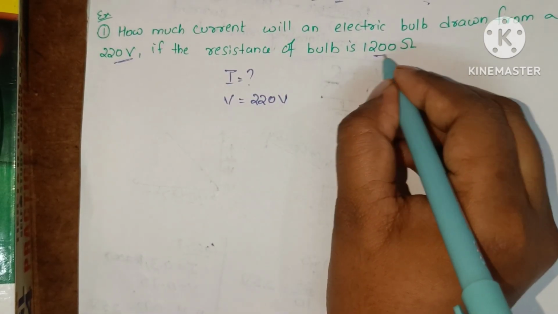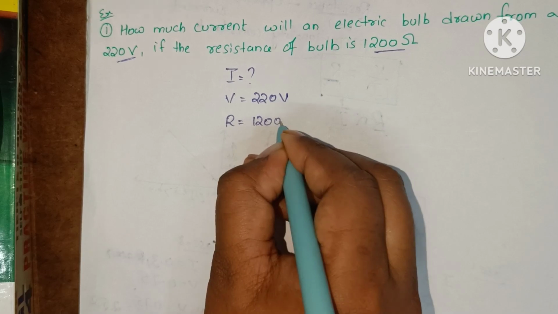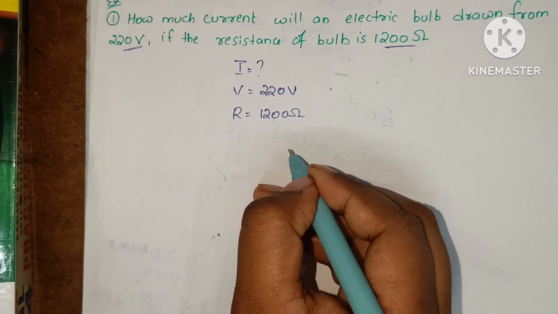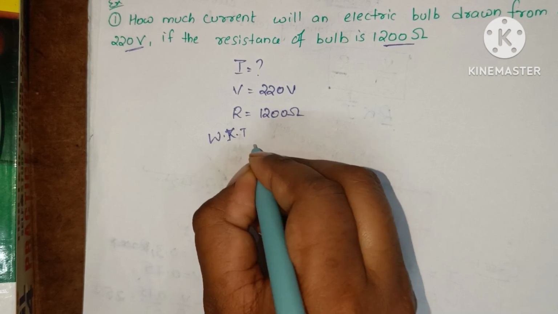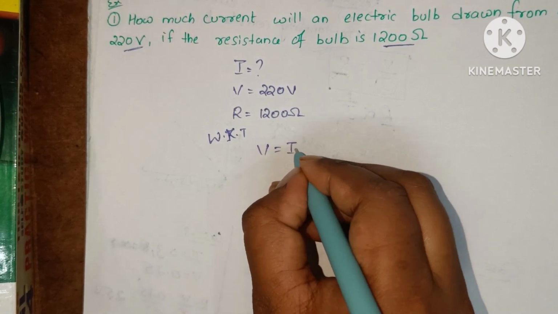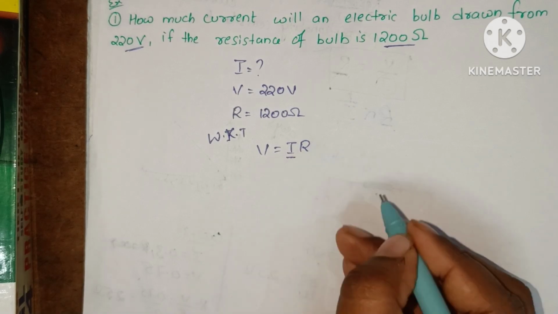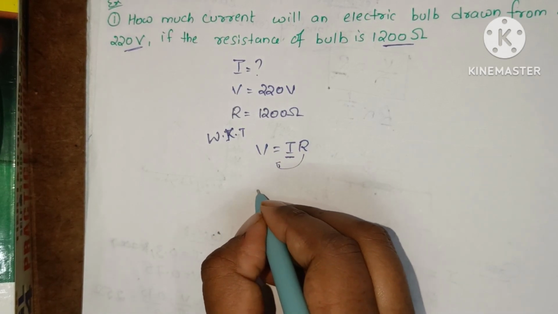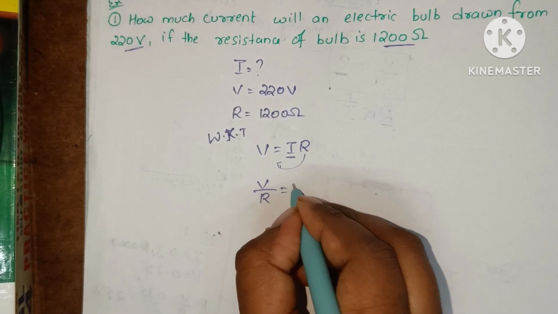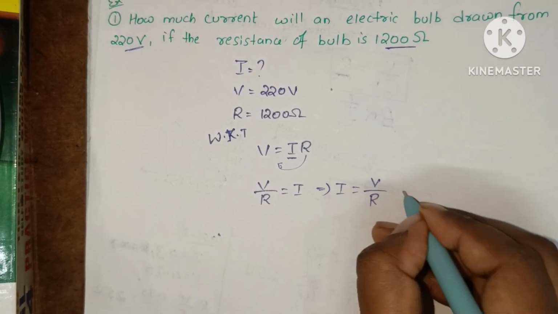Resistance: R equal to 1200 ohms. We know that V equal to I into R. You have to find I, so I send R to the left side. Then V by R equal to I, that means I equal to V by R.